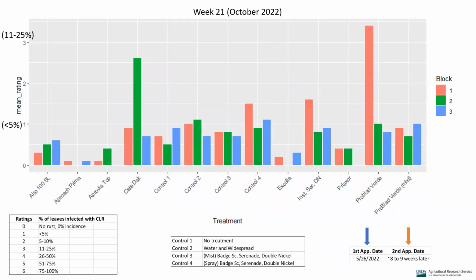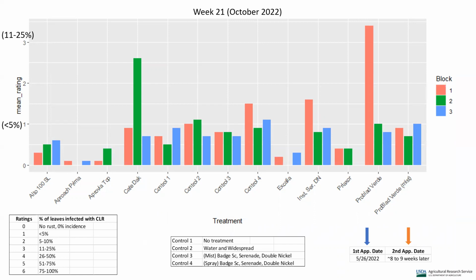Okay, another way of looking at it, we wanted to see if there was variability in the blocks. So where the previous slide was the average of all 3 blocks, this slide actually shows the separation of each block. And in many cases, there was similarity in all the blocks, but you can see there's definitely variability depending on where you are in the field.